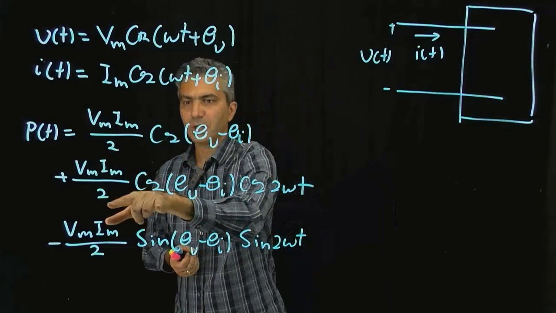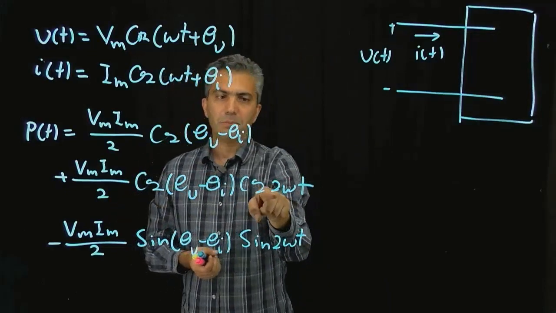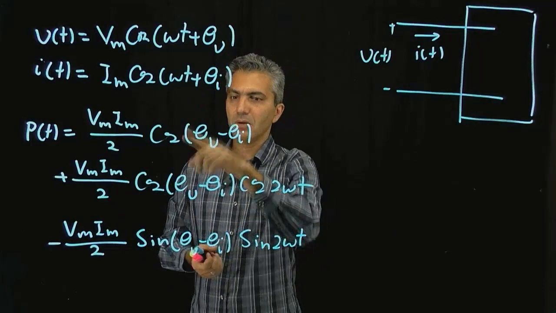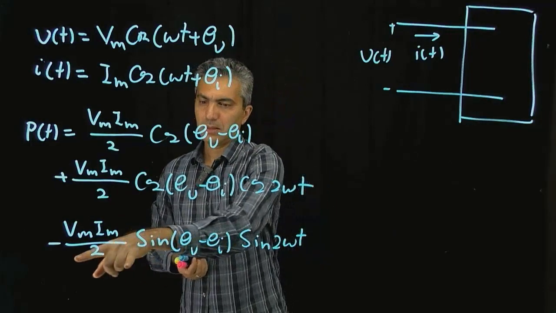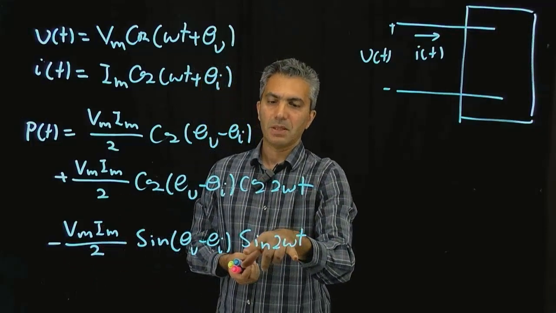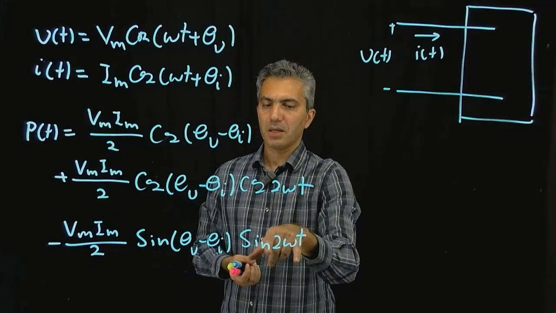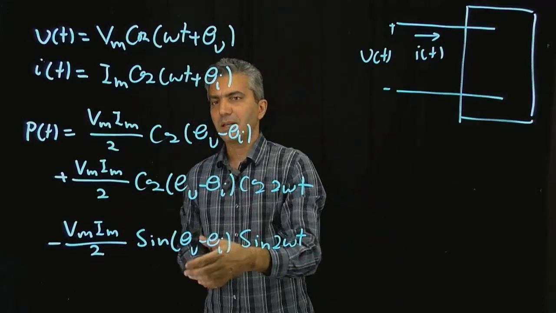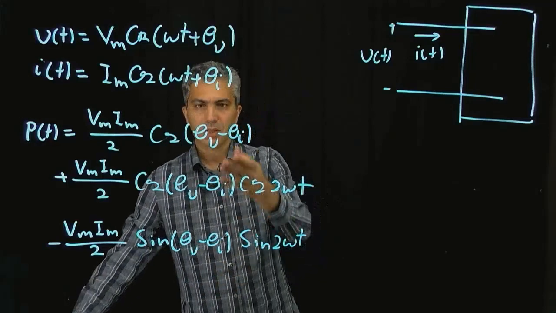You see the same term showing up here, but it's changing at a frequency of 2 omega t, going up and down, and then a different term shows up that is multiplied by a sine of 2 omega t.